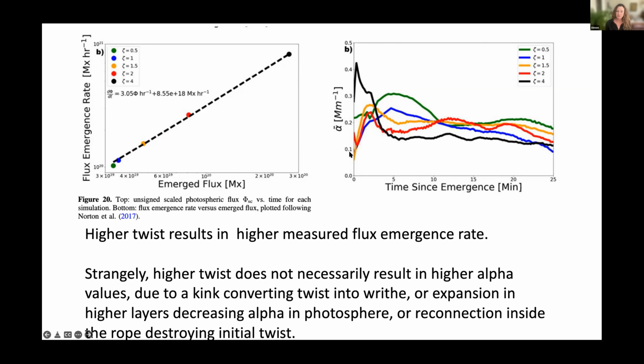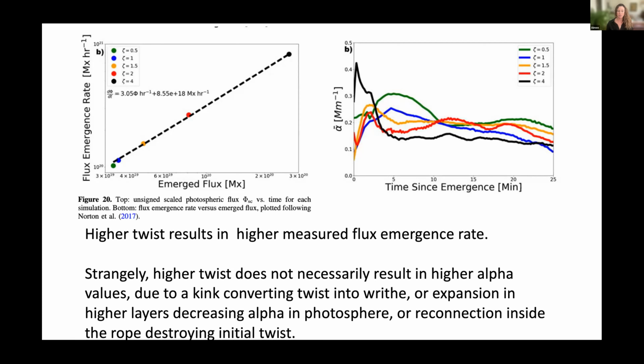And then the twist is really interesting. Strangely and disappointingly in the simulations, the higher twist doesn't necessarily result in the higher alpha measure of twist, because oftentimes with the higher twist, the flux tube experiences a kink instability, and that converts it into writhe, which isn't measured in the alpha. So there's several things that could happen.